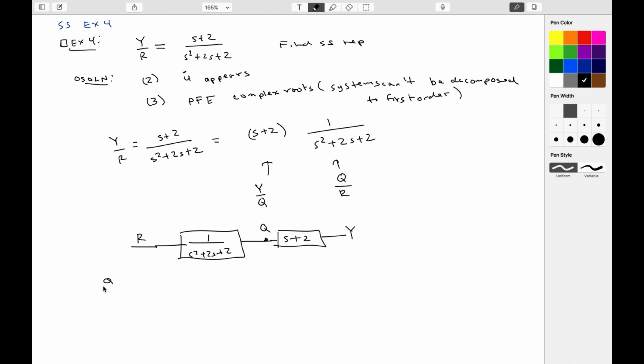Okay, so let's start with q over r, equaling 1 over s squared plus 2s plus 2. I get the following: q double dot plus 2q dot plus 2q is equal to r.